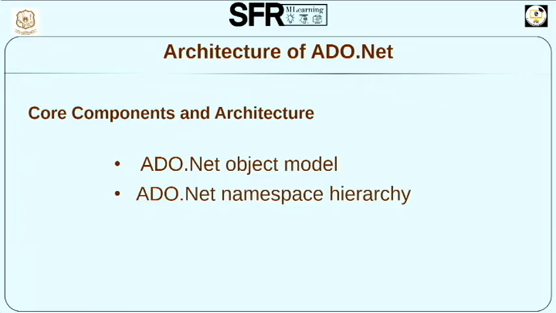Next, let us see the core components and the architecture. There are two core components. The first one is the object model, the second one is the namespace hierarchy. In the object model, we can see the objects of System.Data and its data providers. In the namespace hierarchy, we are going to see the namespaces System.Data, System.Data.OleDb, System.Data.Common, System.Data.SqlClient and their types.